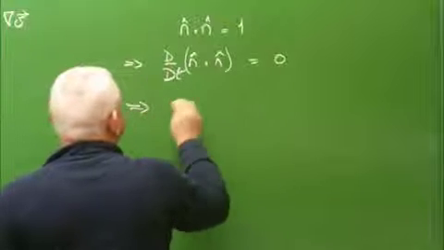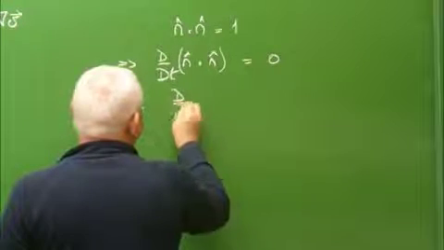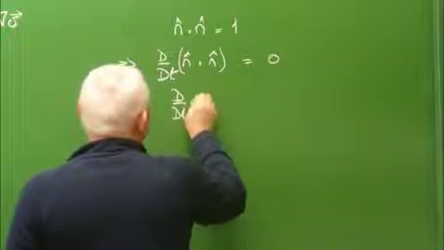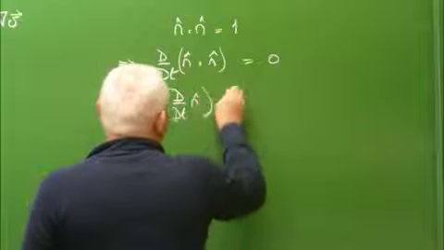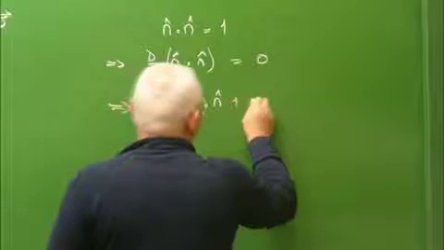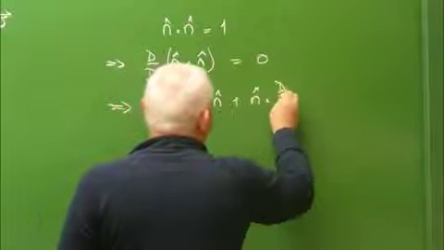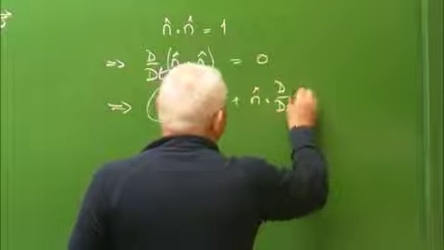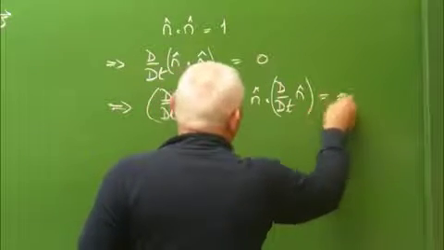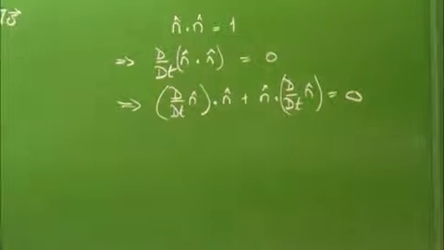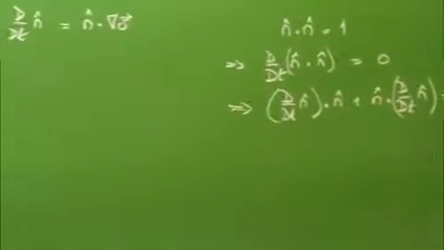And if I now do the derivative on the left-hand side, I get d/dt of n hat dotted with n hat plus n hat dotted with d/dt of n hat is equal to 0. Yes, but the dot product is symmetric. a dot b is the same as b dot a.